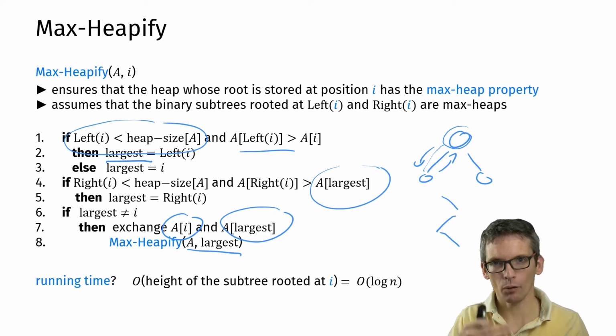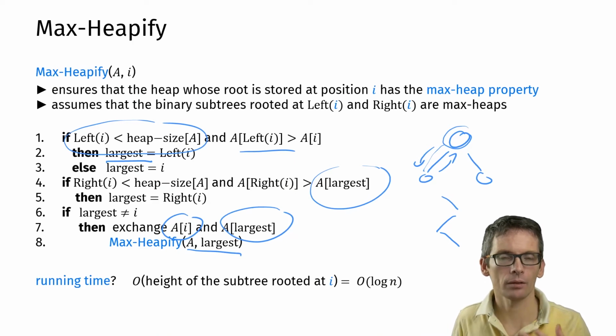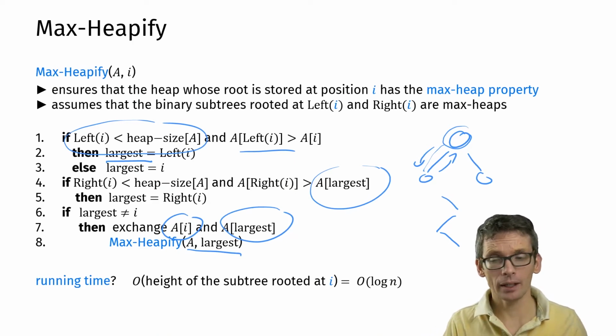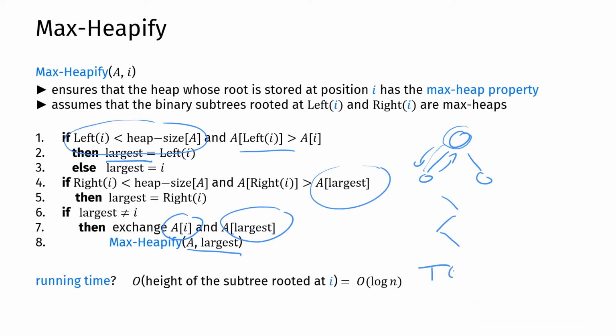An explanation of why the height is log n I gave at the end of part 1 of the series. A different way to look at the running time of Max-Heapify is looking at the recurrence. The running time of Max-Heapify on a heap of size n is a constant plus the running time on a heap of size n over 2, because the heaps at the left or right side, both of those have size at most n over 2.